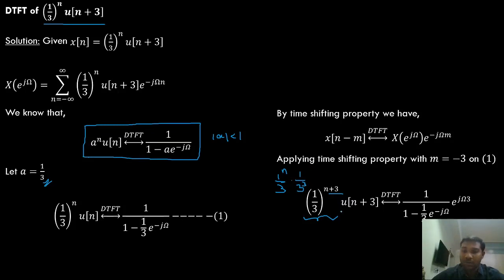So what is 1 by 3 power 3? 3 power 3, that is 9 into 3, 27, right? So this 1 by 1 by 3 cube, I'm taking it to the other side, so we are left with this answer, right? So this is how I can apply my time shifting property.